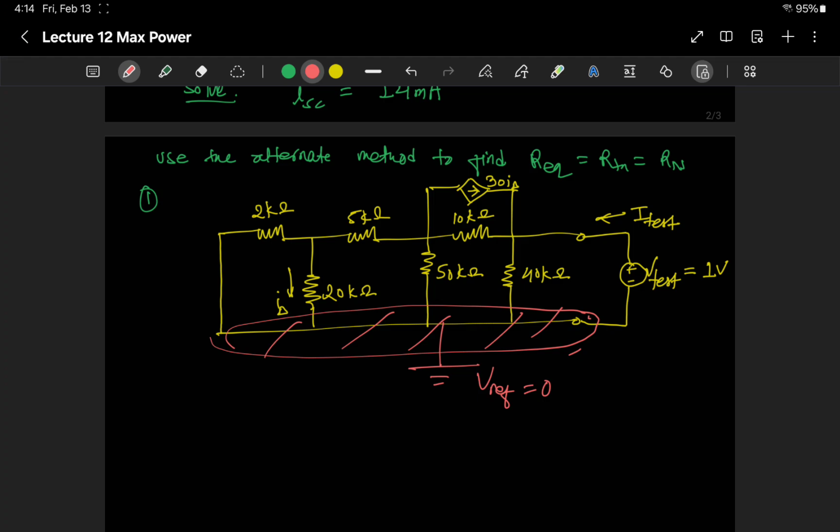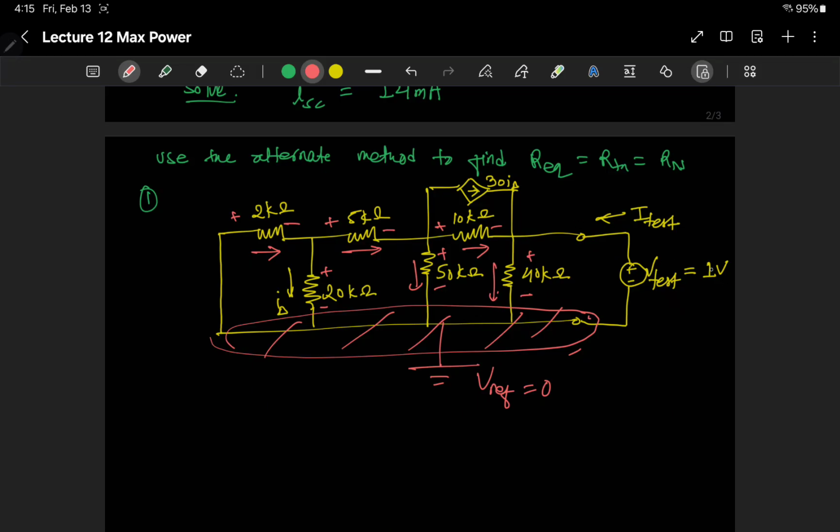For the node voltage method, we need to assign current directions, right? Let's assign these directions randomly, and then plus minus, again plus minus, plus minus. Let's assign this direction, plus minus, and I test, we're applying this side.